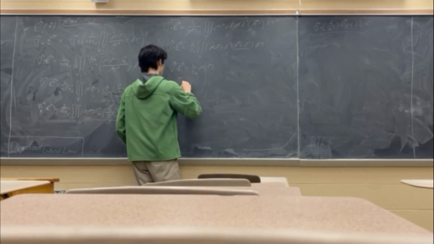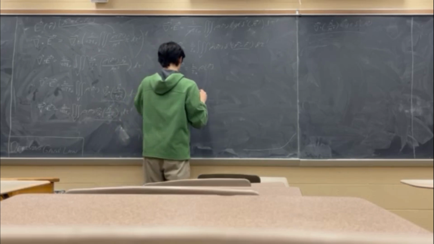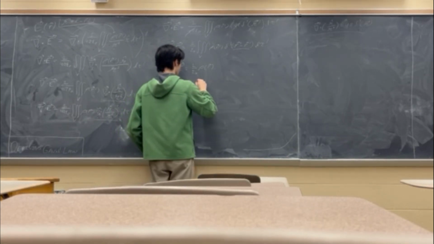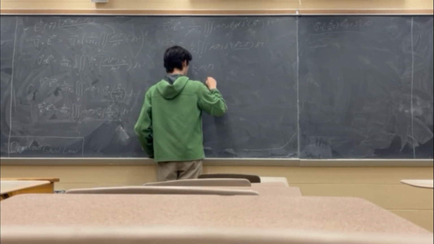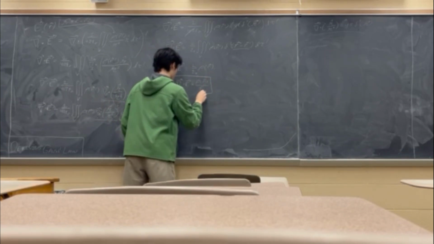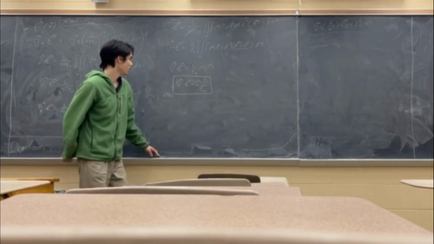So we see that the divergence of the electric field is equal to the charge density divided by epsilon naught.